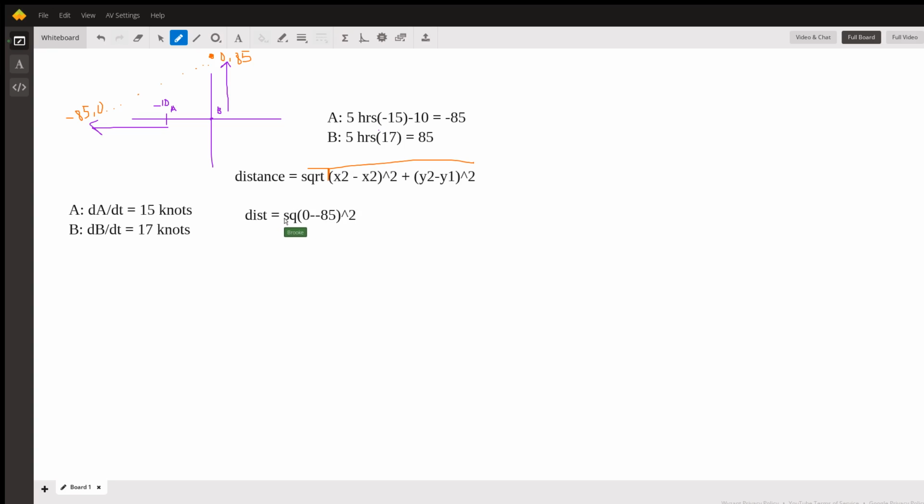Then we add that to 85 minus 0 squared. And then once we do all of that out, you are going to get the distance there. Let's just say that equals D.